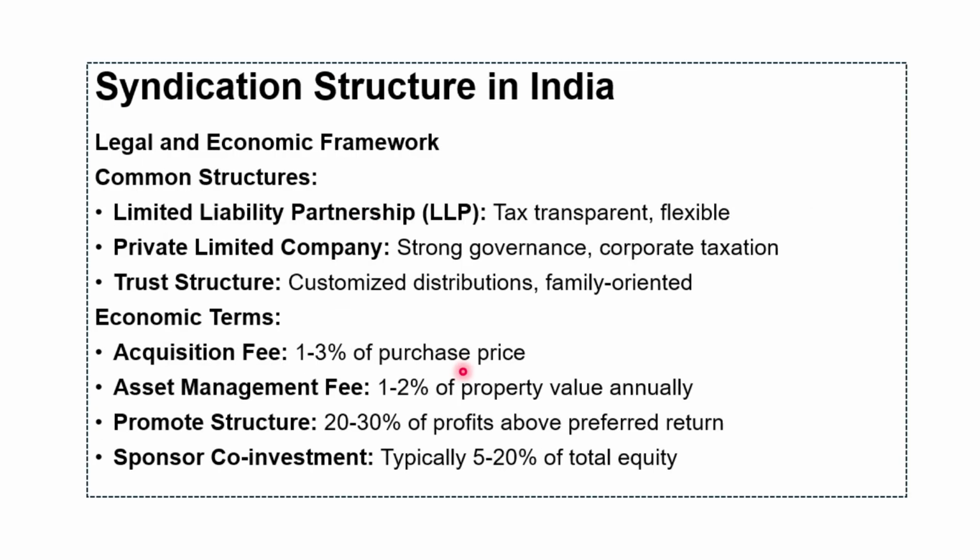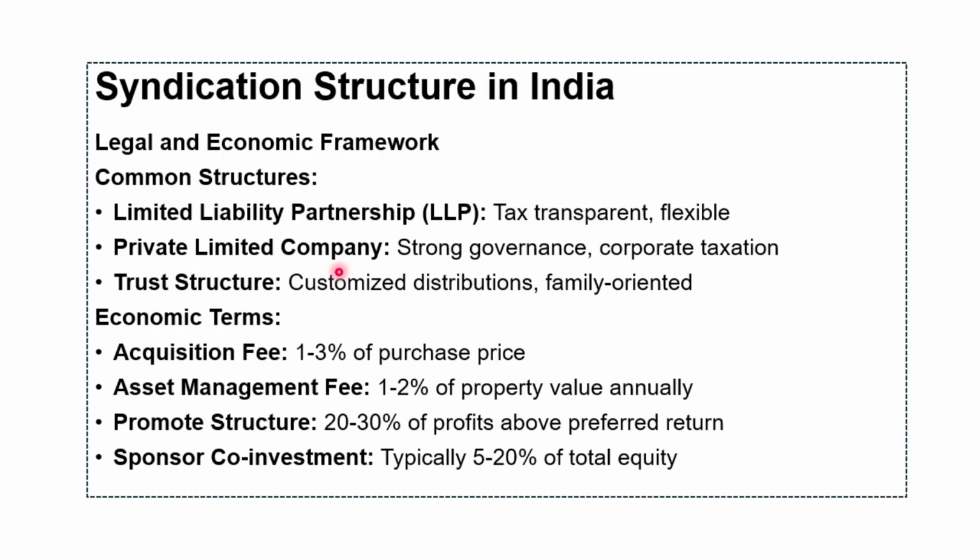Then in India, syndications can use several legal structures. Limited liability partnership structures are tax transparent. We have profits and losses flowing through to partners' personal tax returns. They offer operational flexibility in management and profit sharing arrangements.